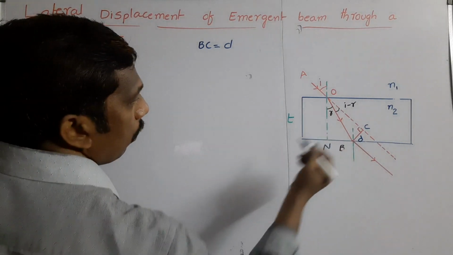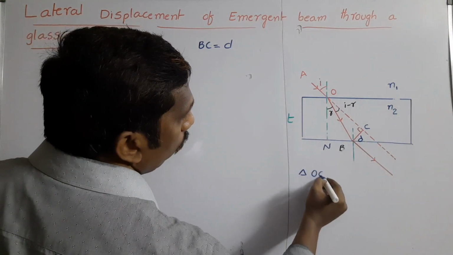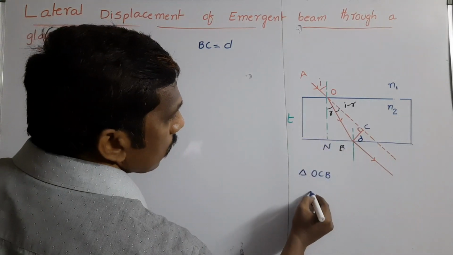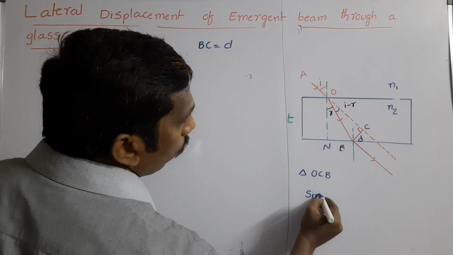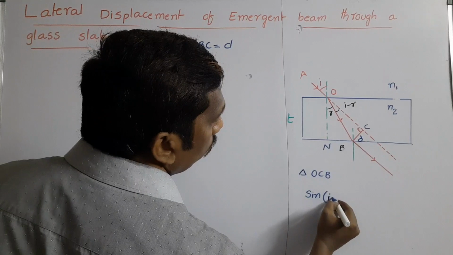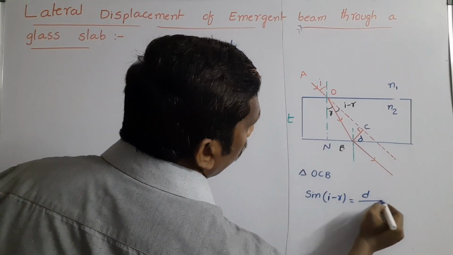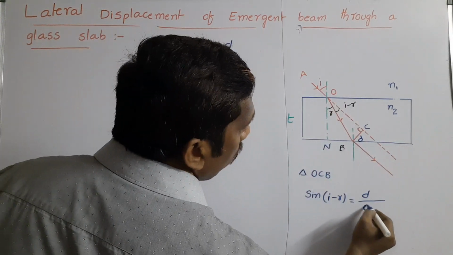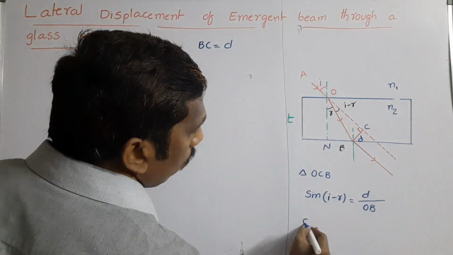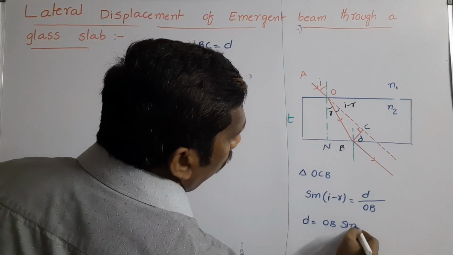From the right angle triangle OCB, we can write sin(i minus r) is equal to the opposite side d by the hypotenuse OB. From this, d is equal to OB into sin(i minus r).